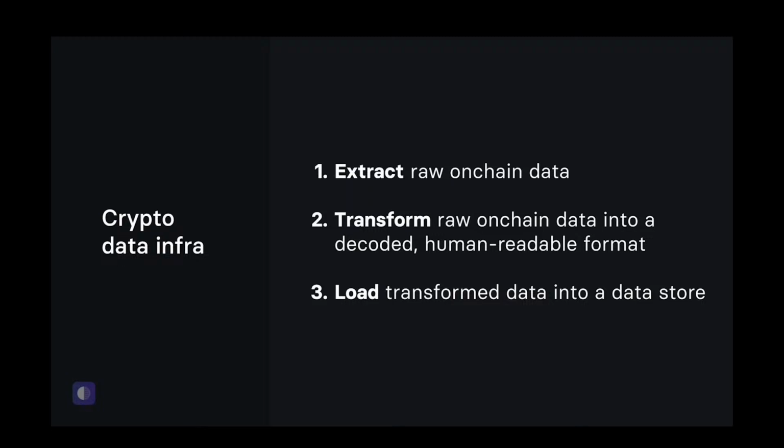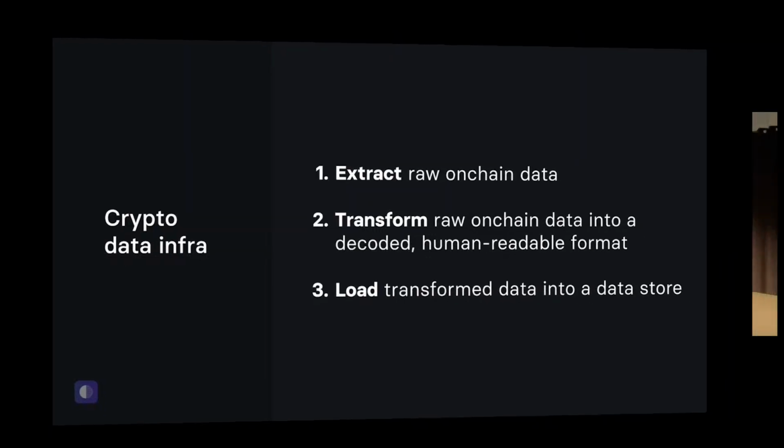And then you load that transformed data into some data store that you can then use for analytics or for your front end or whatever you need. And this is no different than standard ETL pipelines, right? That you see in traditional large-scale data pipelines.